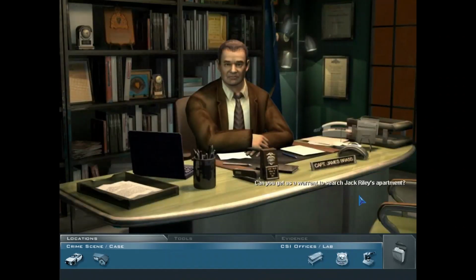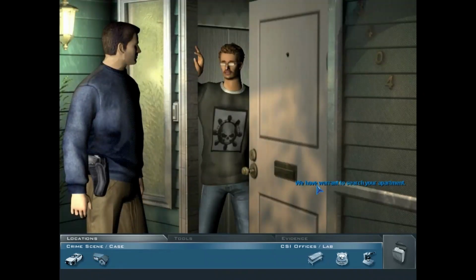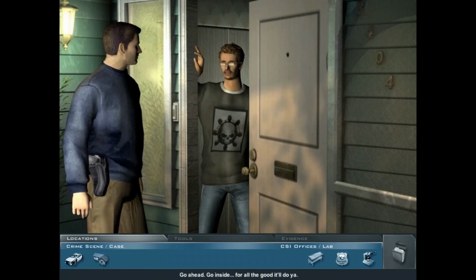Riley's hosting the website where somebody's bragging about this killing, plus Jackie Boy owns a gun that matches the murder weapon. Isn't a judge in town who won't let us check that apartment. What a shock. Cop goes down, so does the Bill of Rights. Go ahead, go inside, for all the good it'll do you.